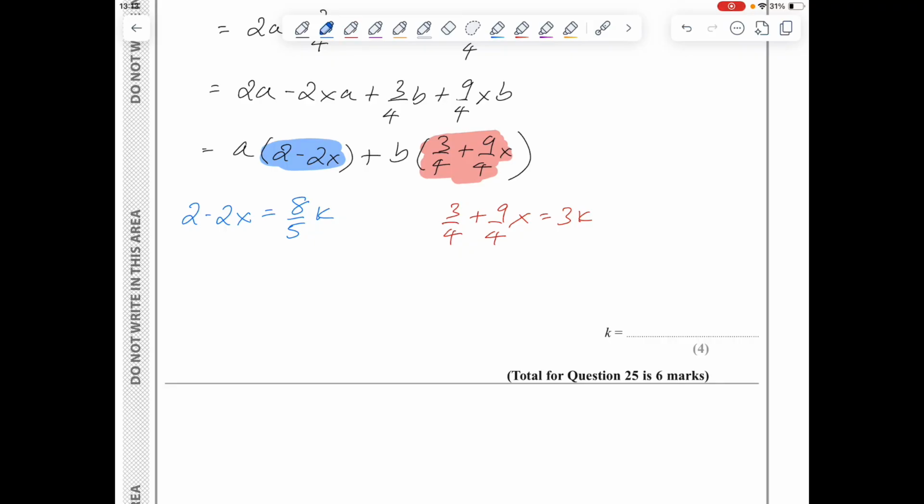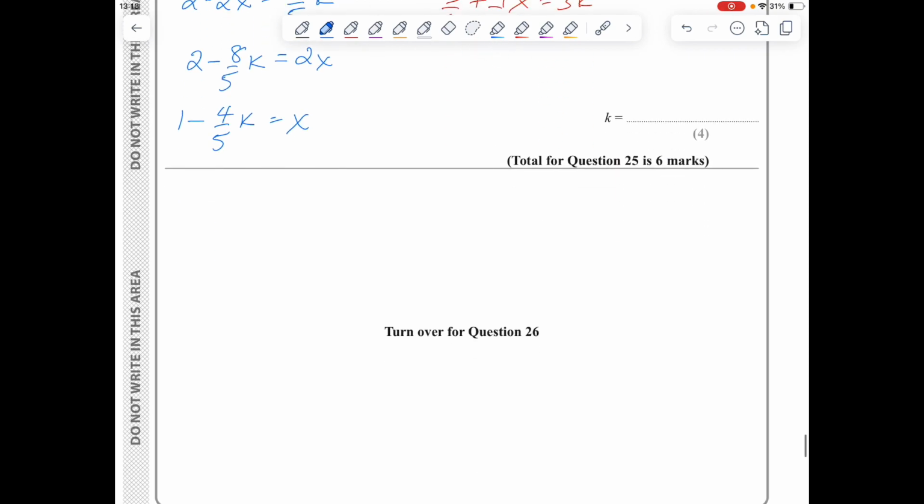I'll make x the subject in the blue one. So 2 minus 8/5 k is equal to 2x. And if I divide everything by 2, I'll get 1 minus 4/5 k is equal to x. And I'm going to replace this into the red equation. This will give me 3/4 plus 9/4 times (1 minus 4/5 k) is equal to 3k.